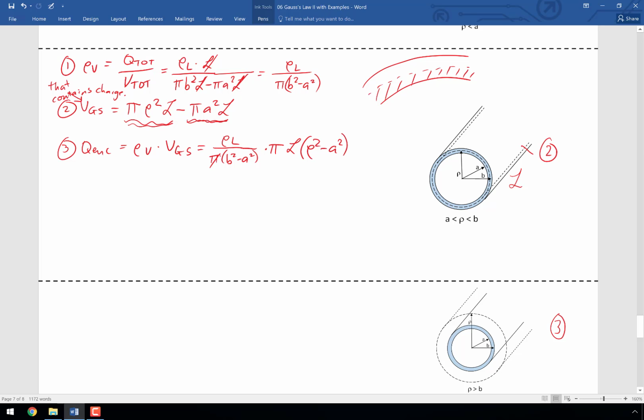The pi's are going to cancel, and I'm left with an L there. This could be rewritten as rho sub L times rho squared minus a squared divided by b squared minus a squared.